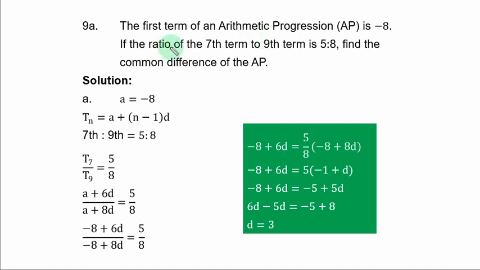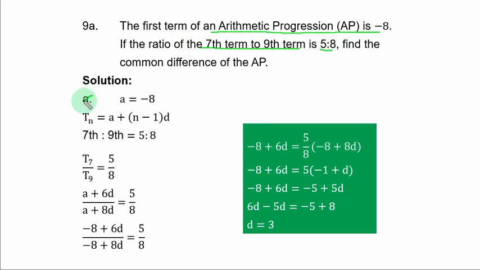Question 9a. The first term of an arithmetic progression is minus 8. If the ratio of the 7th term to the 9th term is 5:8, find the common difference of the AP.